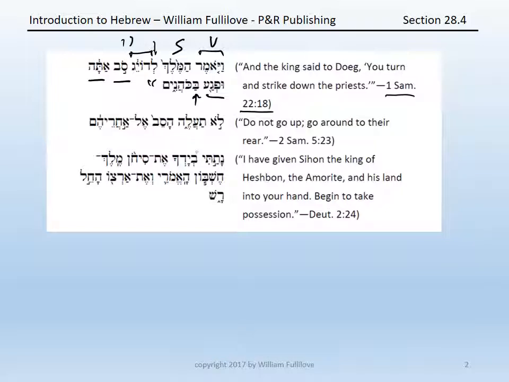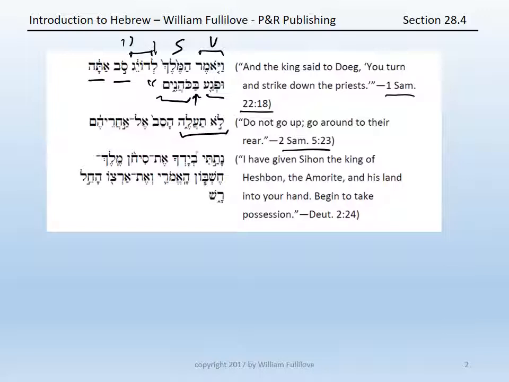Ba, marking the direct object in this case, and marking it with the indication of a definite article, ba, against the priests, kohanim. Second, 2 Samuel 5:23. Lo ta'aleh, hasev el acharehem.